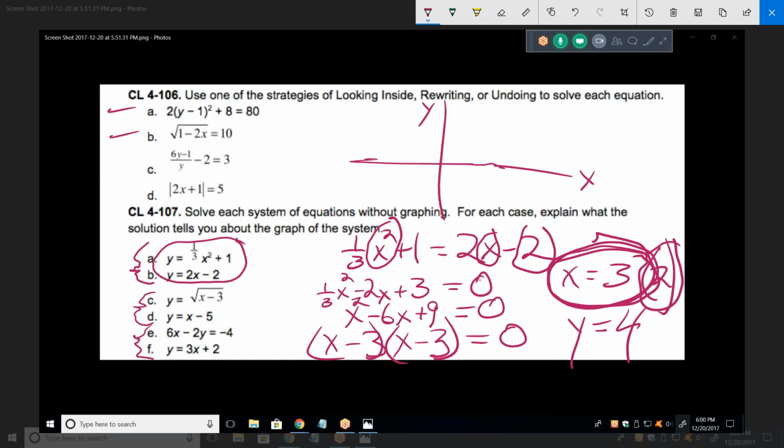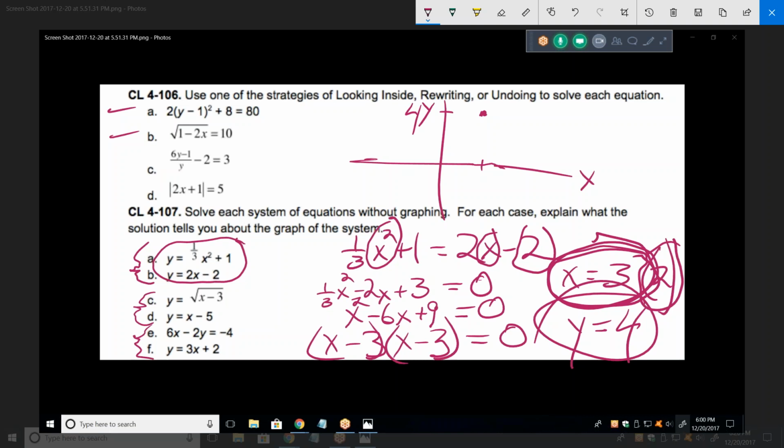We were solving for the x and y. And all that says is that when x is 3, y is 4. Right? Yeah. Okay.